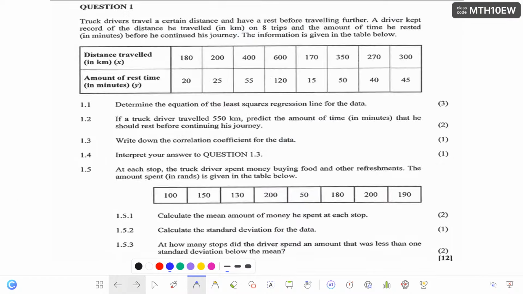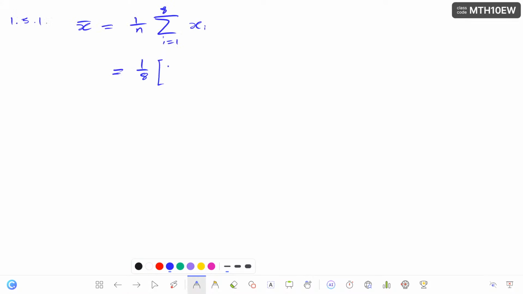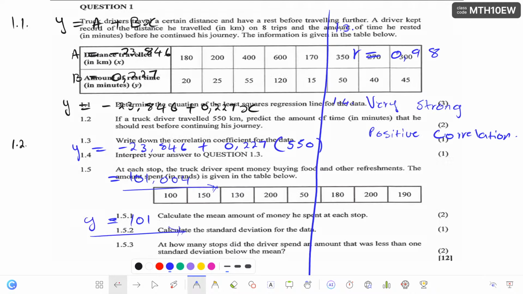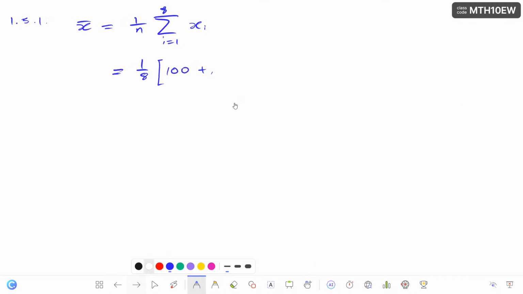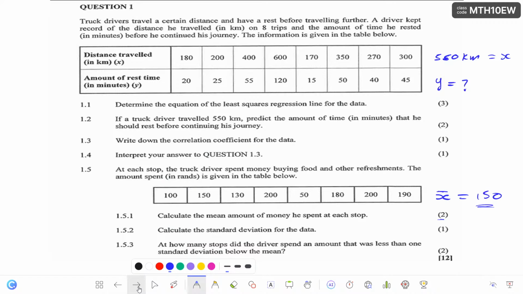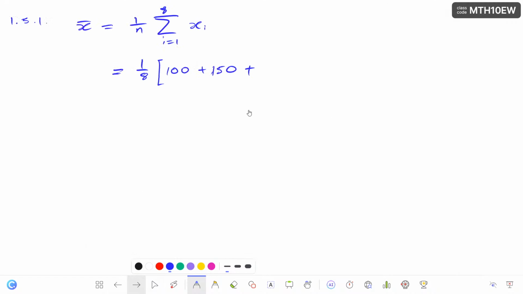So we're going to say 100 plus 150 plus 130 plus 200, plus up until 190.